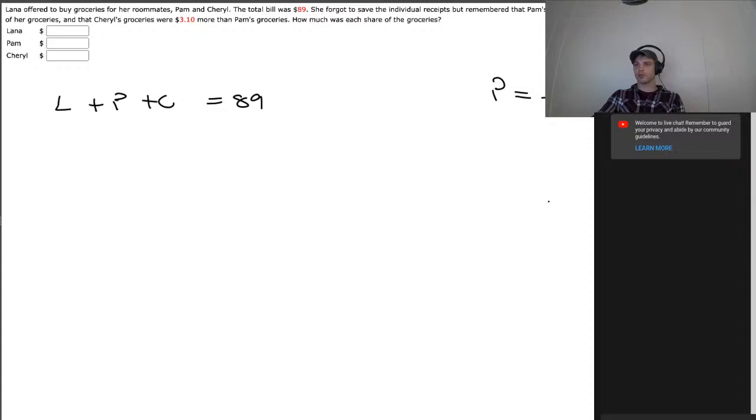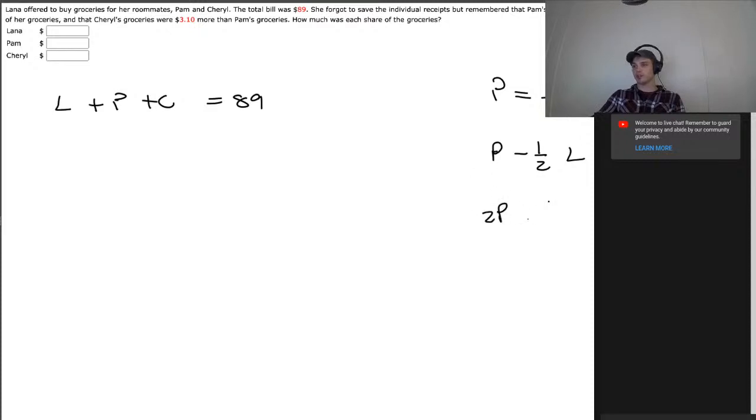So 1/2 of Lana minus 5 cents is equal to Pam. I really don't want this in this format. I'm going to subtract 1/2 L from both sides, and then multiply both sides by 2.